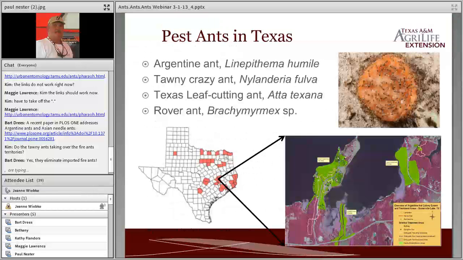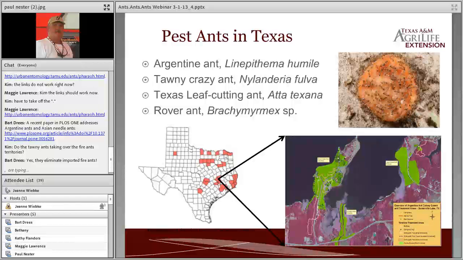There are several new pest ants. What's a new pest ant? Ants that become more pestiferous in Texas. One is the Argentine ant, Linepithema humile. You have the tawny crazy ant, Nylanderia fulva. We are seeing the Texas leaf-cutting ant, which is not a Tramp ant, but because of a lot of the development in forested areas and normal habitat, this ant is becoming more of a pest, with an effect on structures because of the massive nests that it has.